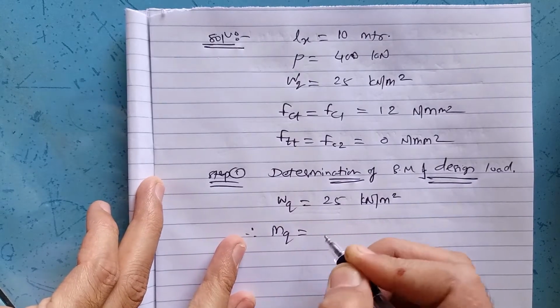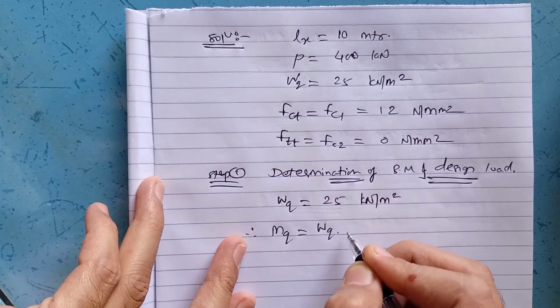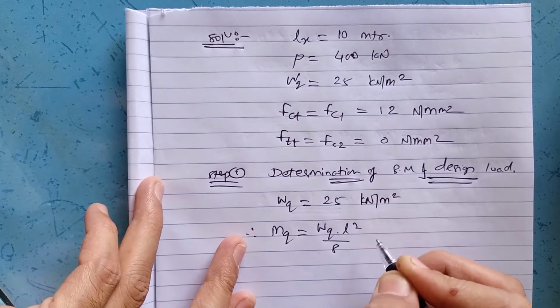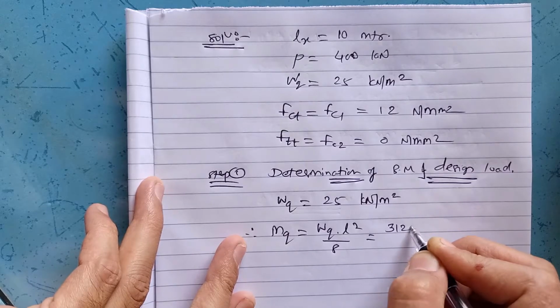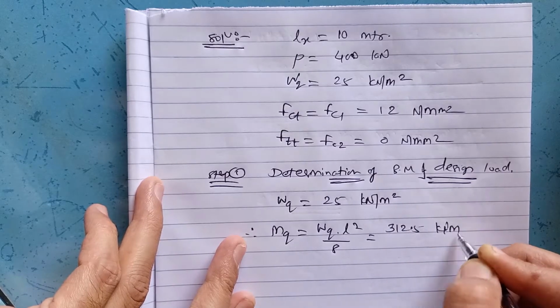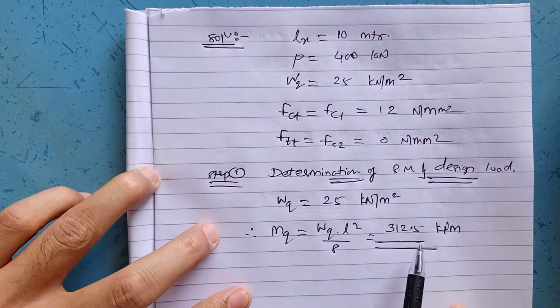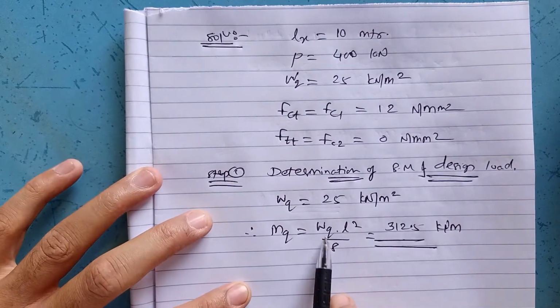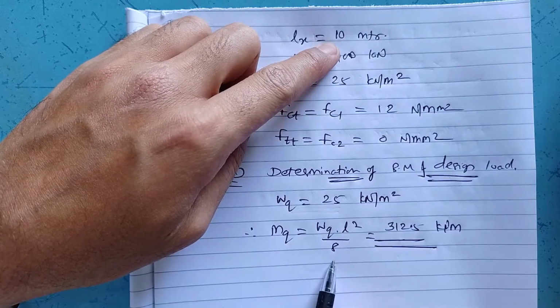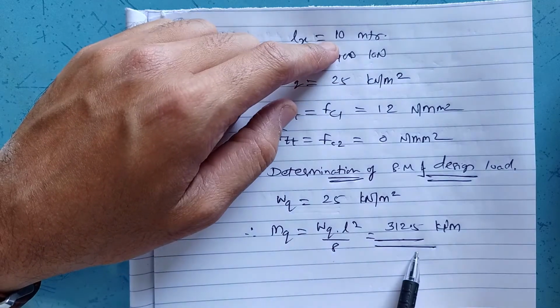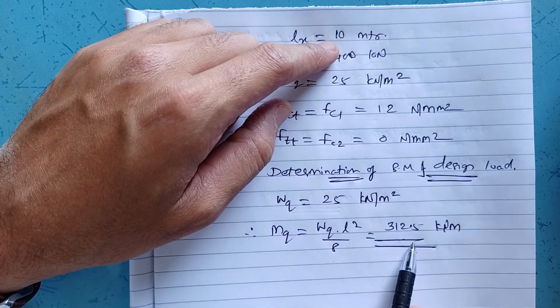Hence we can calculate the moment due to load intensity as WQ L square by 8, and it comes to be 312.5 kN meter. You can get this by substituting all the values: WQ as 25, length of the slab as 10, divided by 8, you will get the moment as 312.5 kN meter.